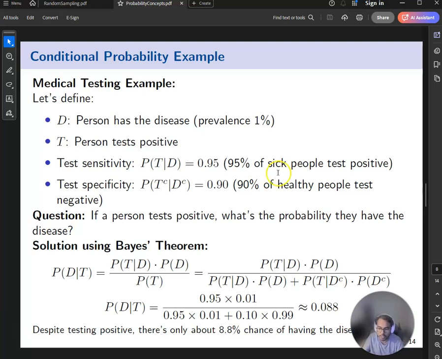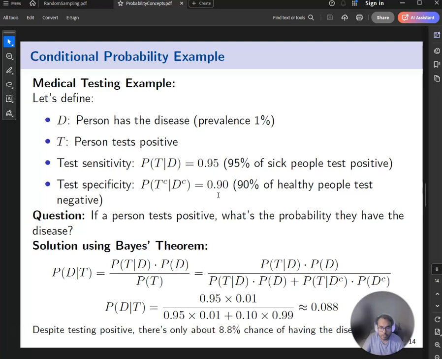That chance is always there. The test specificity is P of T complement given D complement, which means getting a negative result given not having the disease, which in this case is 0.9. So 90% of the healthy people test negative.